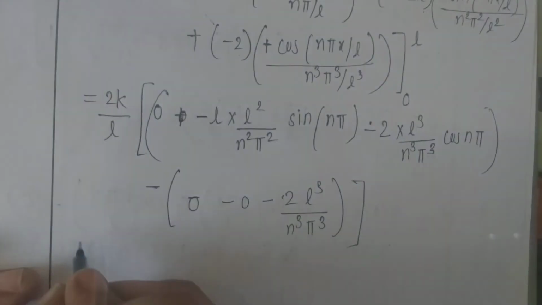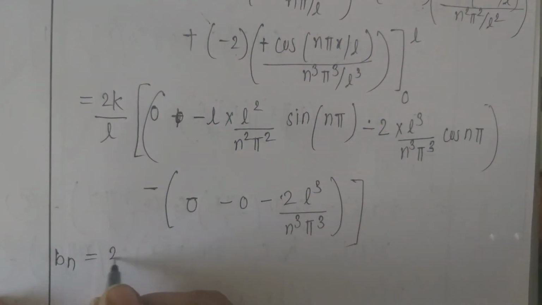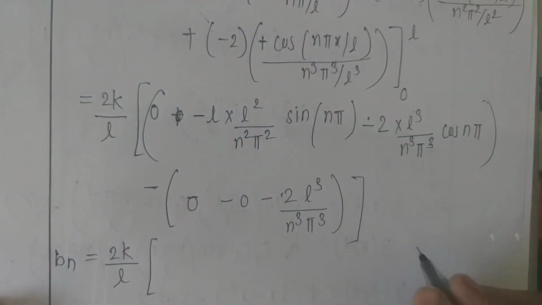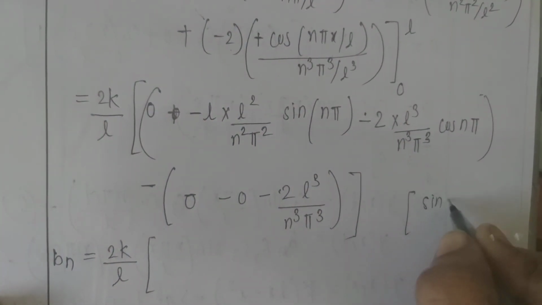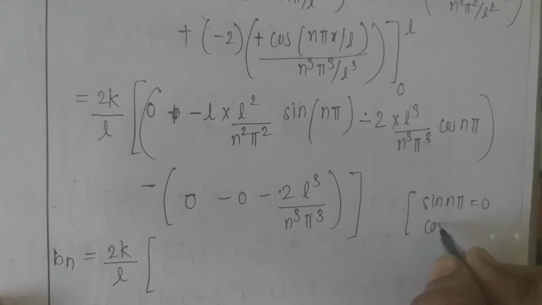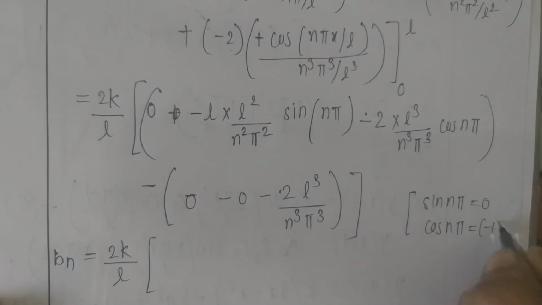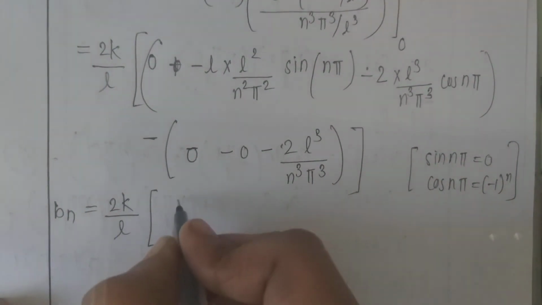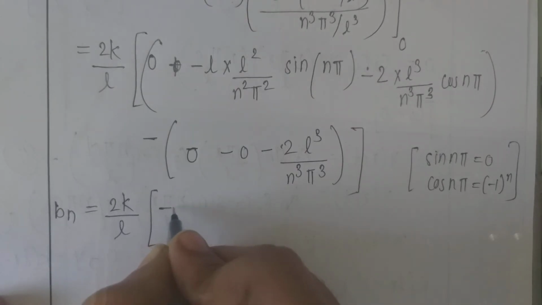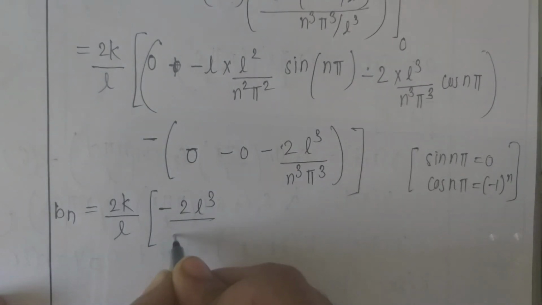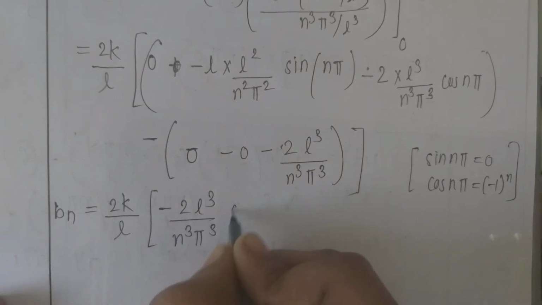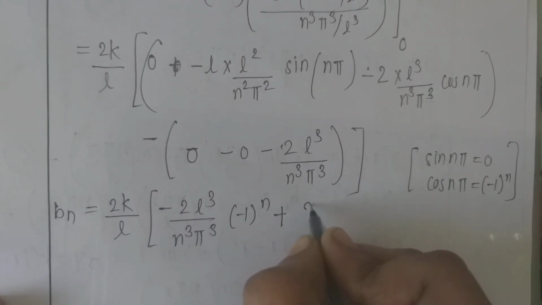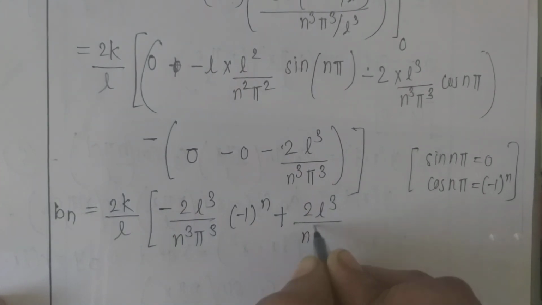Now Bn can be written as Bn is equal to 2k by L in bracket, the sine of n pi value is 0. Remember, sine of n pi is equal to 0 and cos of n pi is equal to minus 1 to the power n, which we have already studied. So substituting the value, it is minus of 2 L cube divided by n cube pi cube multiplied by minus 1 to the power n, minus with this minus it is plus 2 L cube divided by n cube pi cube.